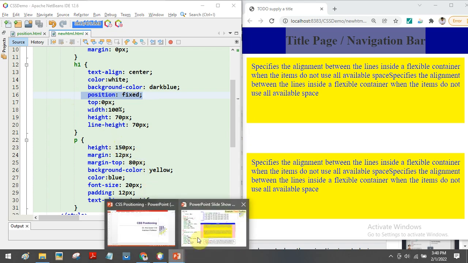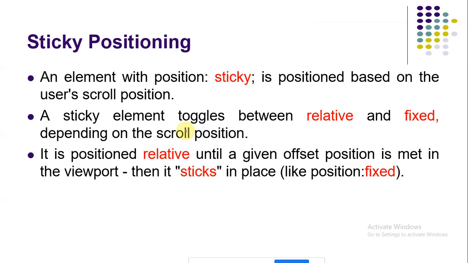The next concept is called sticky positioning. So sticky is also similar to a fixed position. You can use position colon sticky. It is positioned based on the user scroll position. Okay. A sticky element toggles between relative and fixed. By default it is relative, and when you scroll and it reaches some position, it becomes fixed.